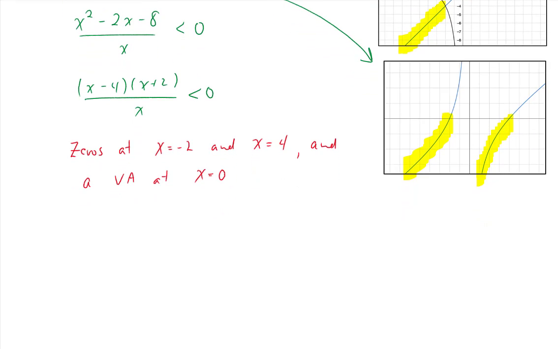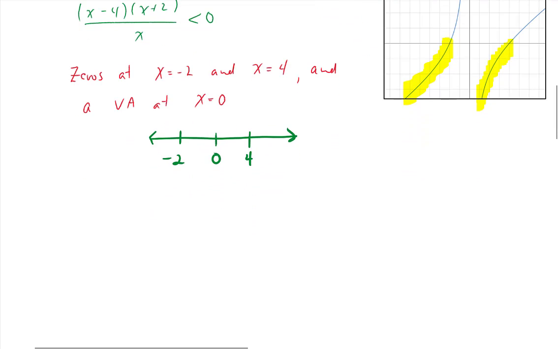So setting up our number line, we need to look at the intervals from negative infinity to negative 2, from negative 2 to 0, from 0 to 4, and for anything greater than 4. So next up is to set up our interval chart.